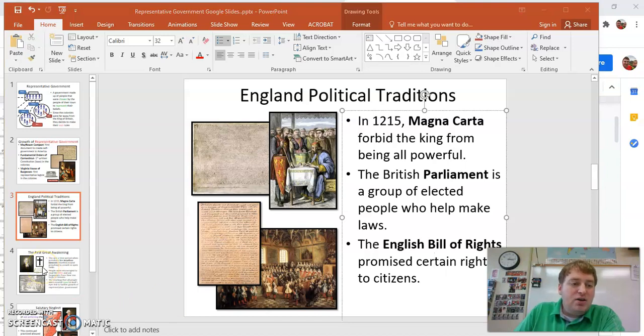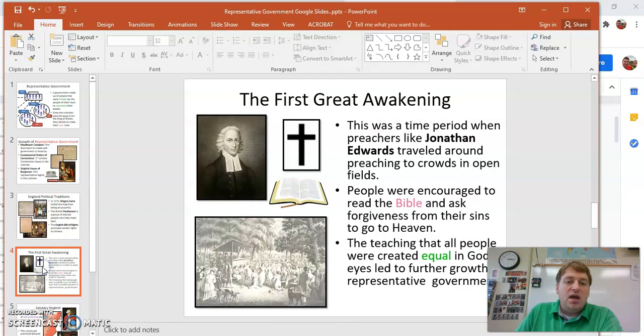And then you had the First Great Awakening. Anytime you see a Great Awakening, think of 2 R words: religious and revival. The first one happened because there were preachers like Jonathan Edwards. He preached to crowds. He taught them, read the Bible, ask for forgiveness of your sins, the things that you do wrong.